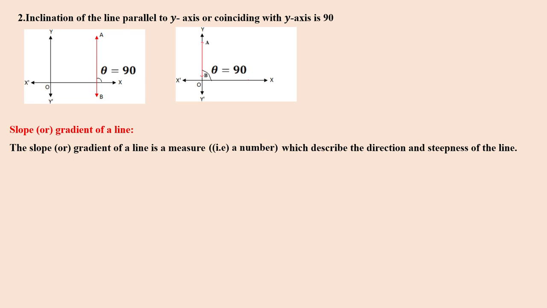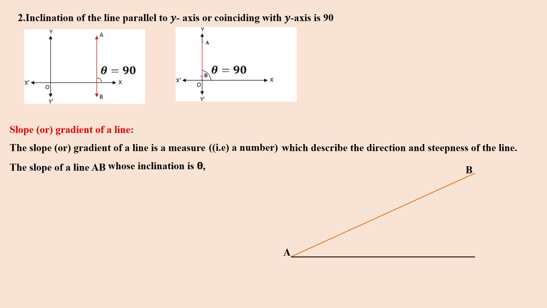Staircases, you can see so many examples. Staircases, everything are in steepness or with a slope, right? The slope of a line AB, whose inclination is theta with the x-axis, is the vertical change divided by the horizontal change.